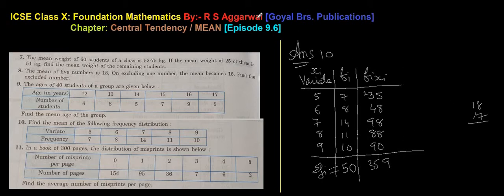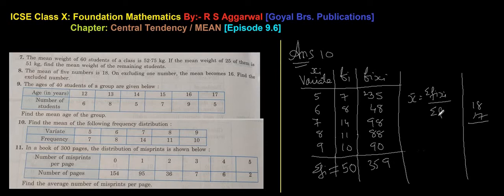So here we know the formula. This is our calculating area. x bar is equal to sigma fi xi upon sigma fi.